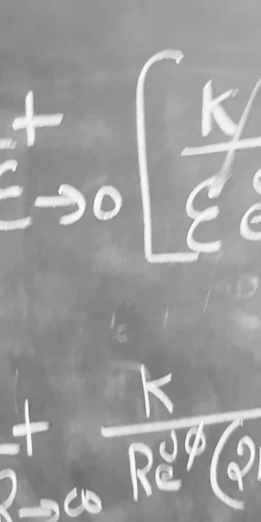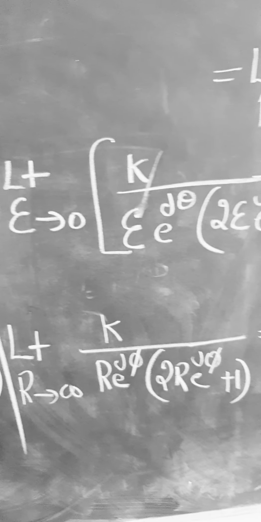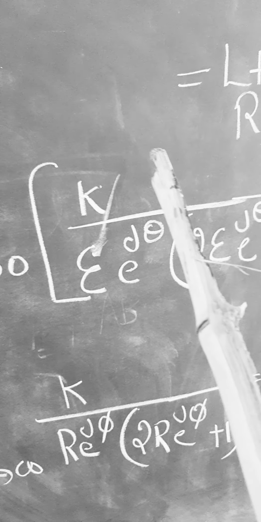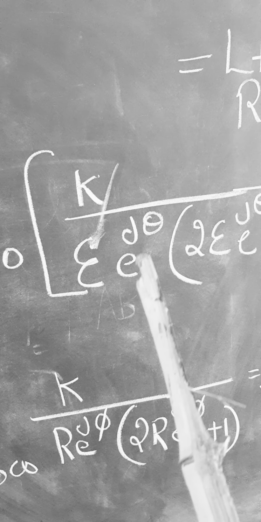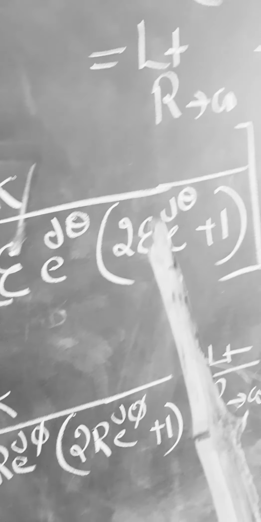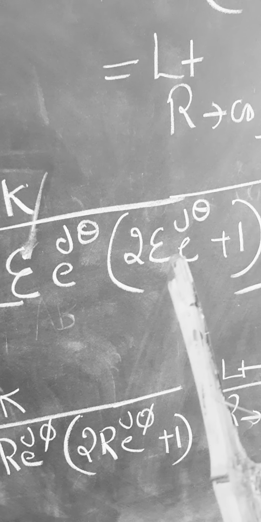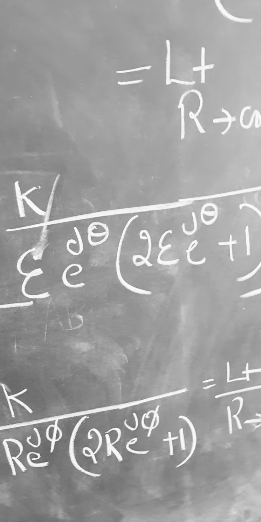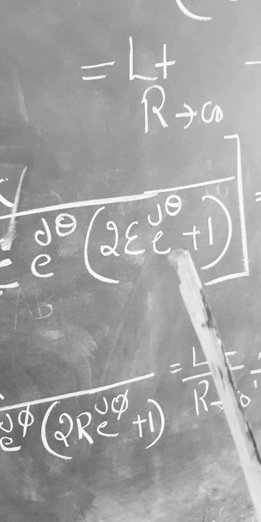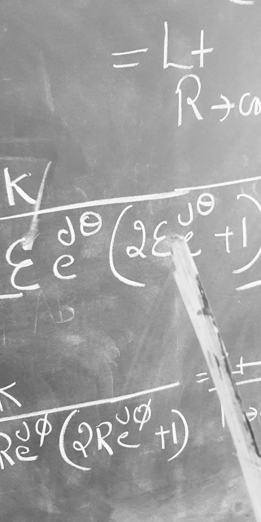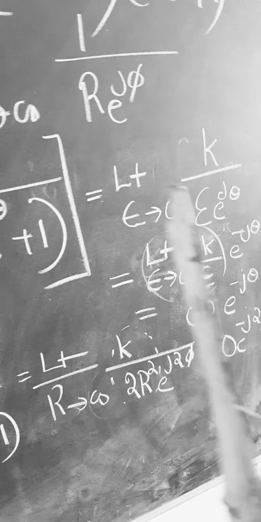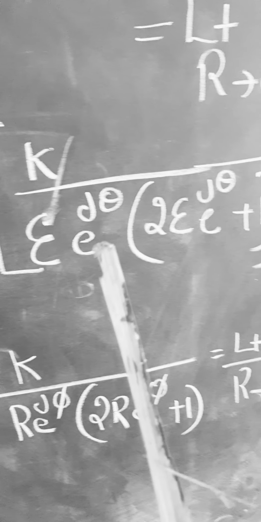Limit epsilon tending to 0, k divided by epsilon e to the power of j theta times 2 epsilon e to the power of j theta plus 1. When epsilon tends to 0, the term 2 epsilon e to the power of j theta becomes 0, so it is 1 plus 0, which is 1, and this is cancelled.